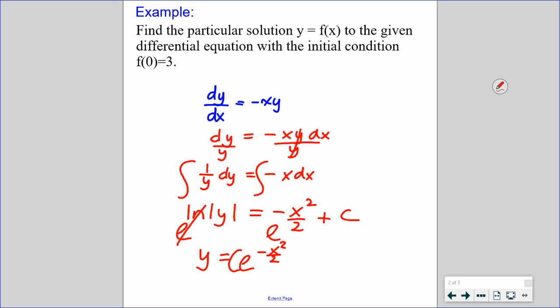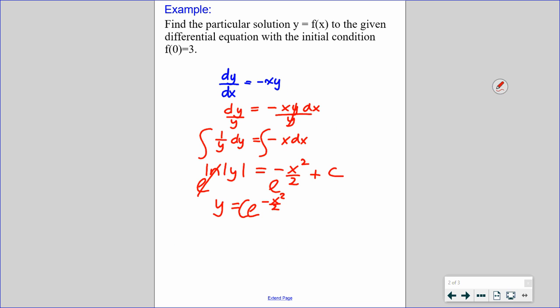We would have stopped there in our previous lesson. But since we have this initial condition, we can actually solve for c. In order to do that, we're going to plug in 3 for y and 0 for x. Because we're plugging in 0 for x, that whole exponent is just going to end up equaling 0.